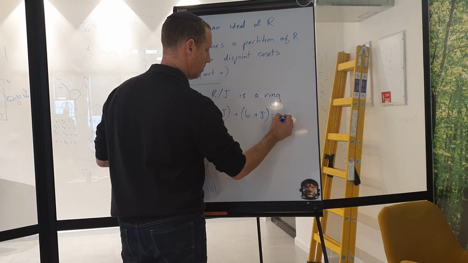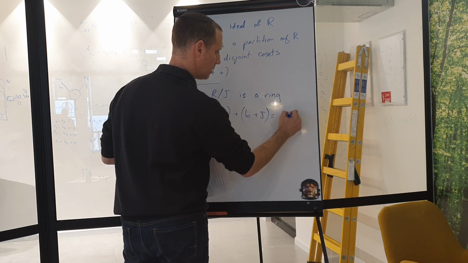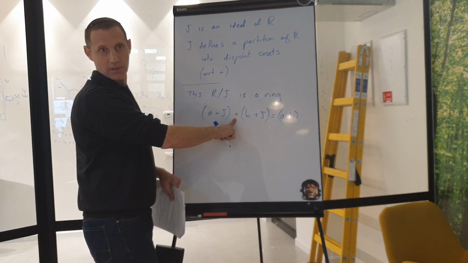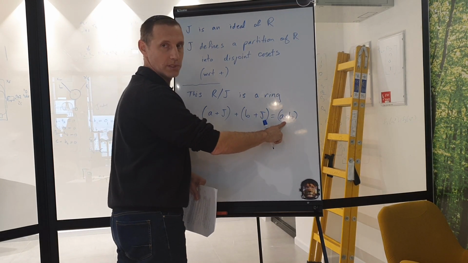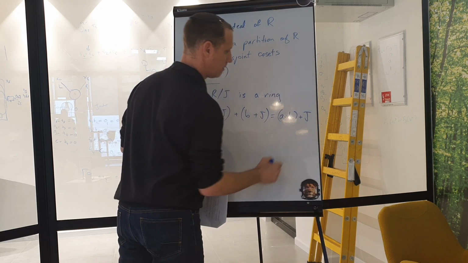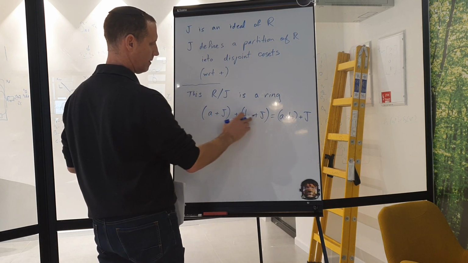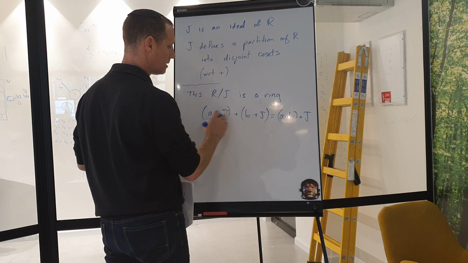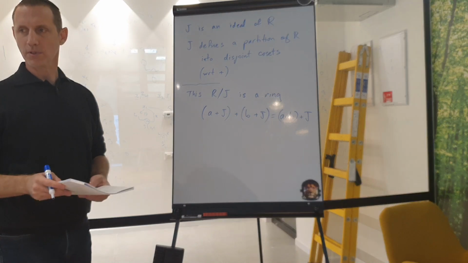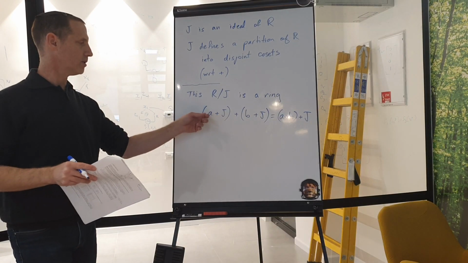What we would get is A plus B, this is the normal addition, plus J. And this plus is a little bit like the normal addition. It's just what forms the coset, because this is a coset with an element.